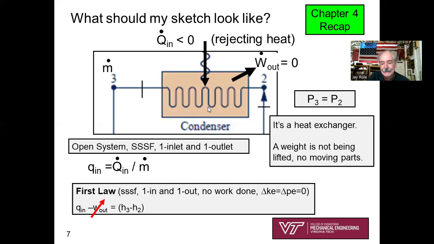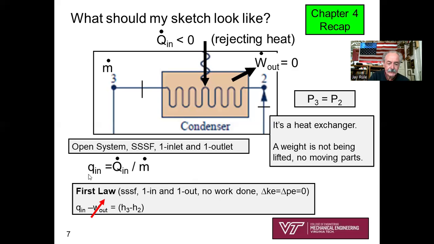What's Q dot in to the refrigerant? It's going to be a negative number because we're rejecting heat. And so in my world, I never sketch Q dot out. I don't do that, but I do label Q dot in is less than 0. And that's the way I keep myself straight when I'm solving problems.